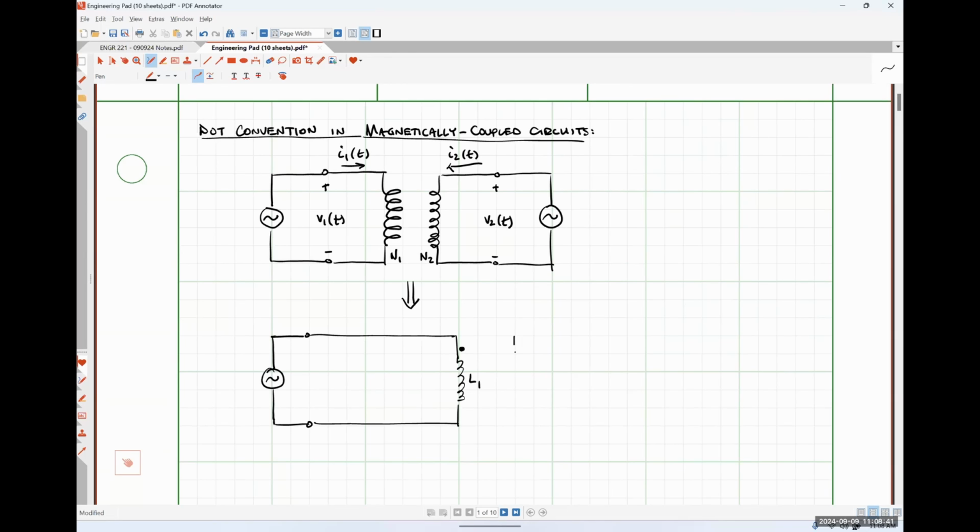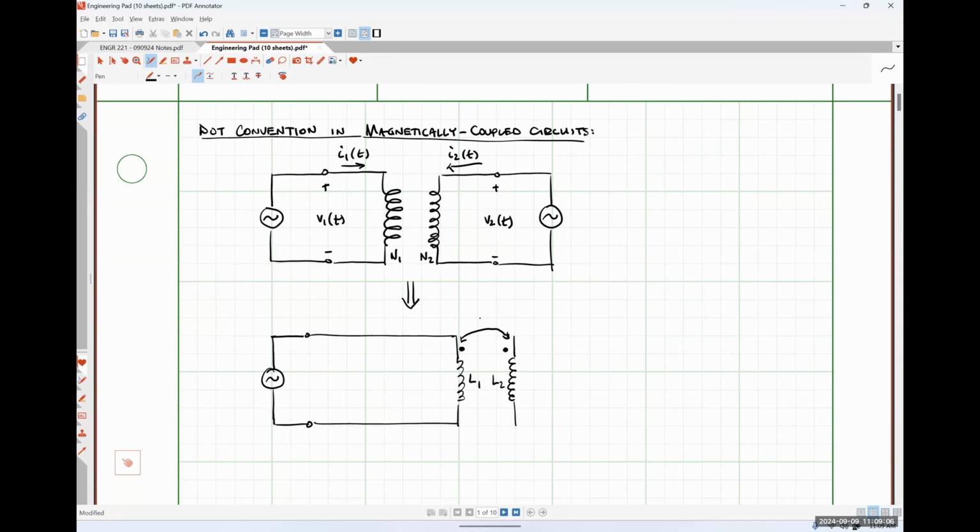Then over here, I'm going to draw coil 2, which has some inductance L2. I'm going to choose for now to put a dot on top of coil 2. Then I'm going to indicate that these two coils are magnetically coupled by putting a double-headed arrow that points to both of the coils.